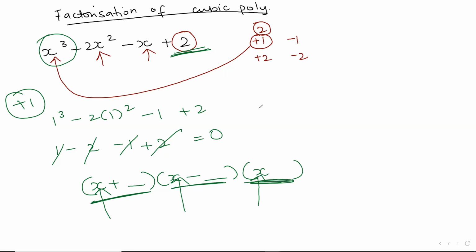Why? Because after factorizing, you are putting 1 in the place of each of these x's. When you factorize a polynomial, it doesn't change the value of the polynomial. It just makes it simpler, right? When you put 1 in the place of x in this polynomial, you got 0.